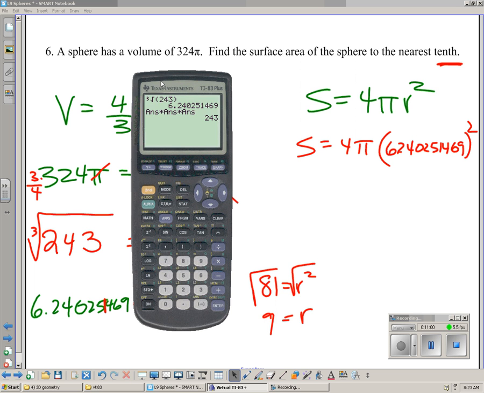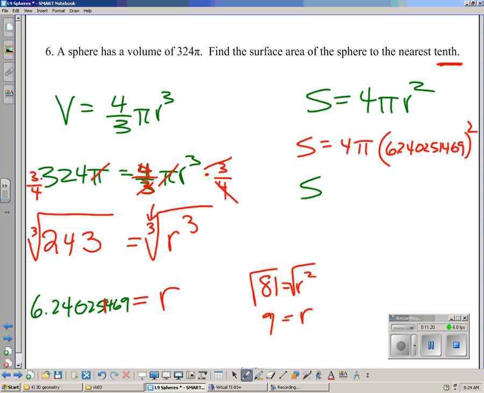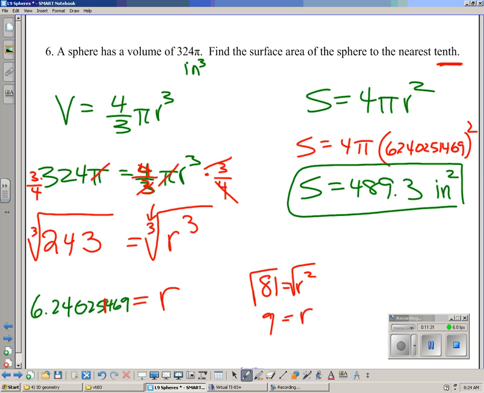So we have 4 pi times 6.240251469 squared. And we're rounding this to the nearest tenth, so the answer would be 489.3. And we don't know the units. They didn't give us units. But for example, if this was cubic inches, this is an area, so it would be square inches. Okay?